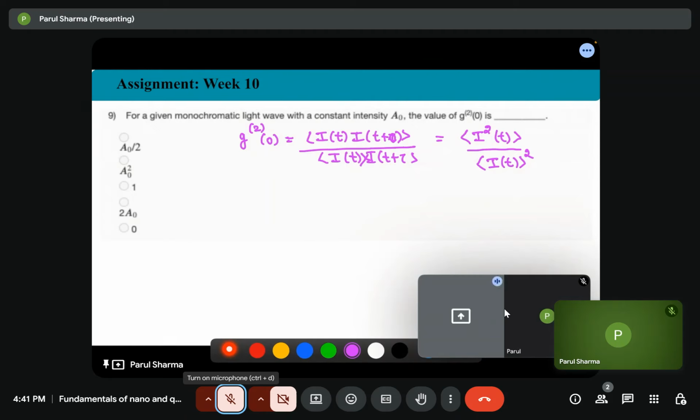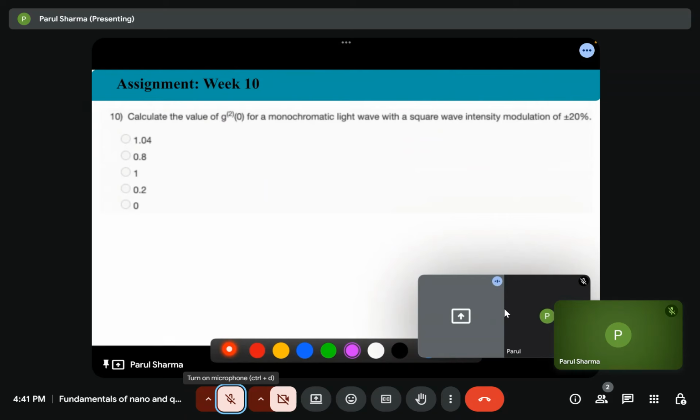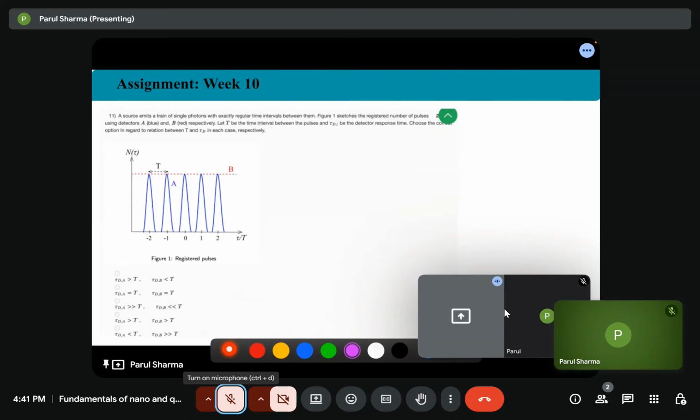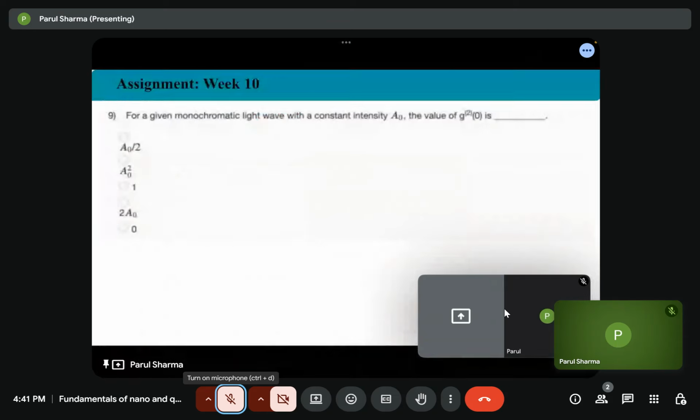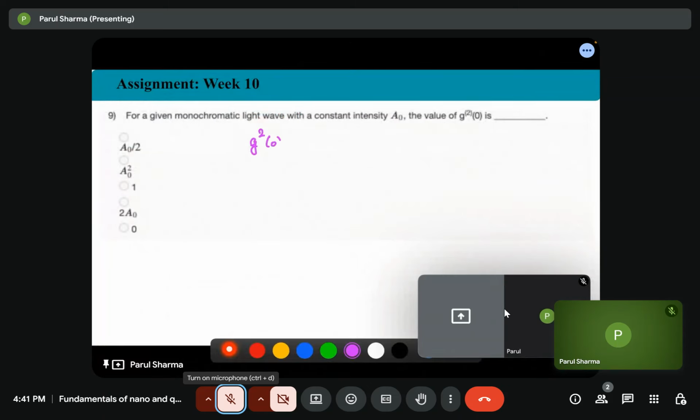So we know that it is given that I(t) is equal to I naught for all t.